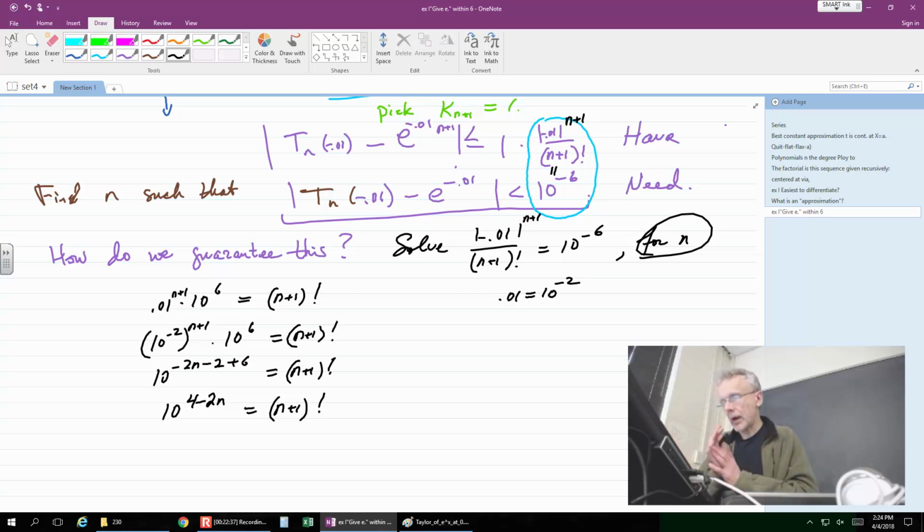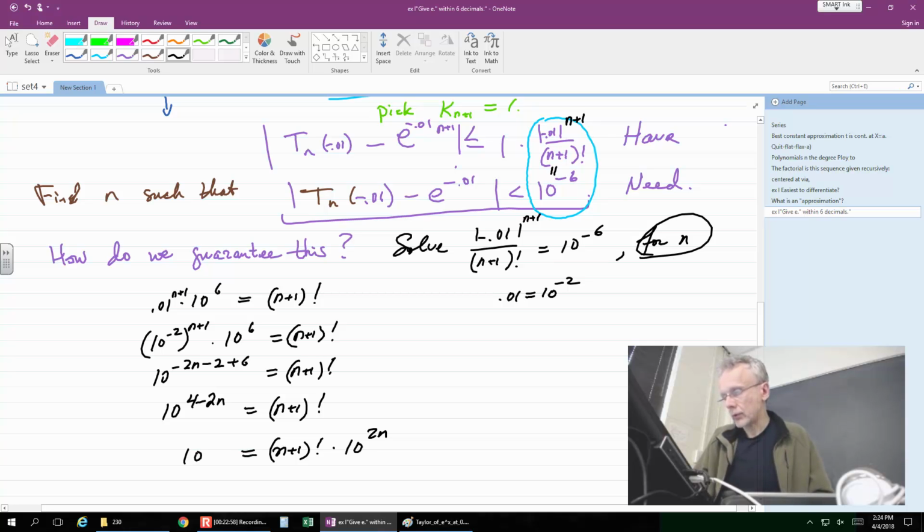So let's combine them together again. Here is the way I want to do it: n plus 1 factorial times 10 to 2n is equal to 10 to the 4th.